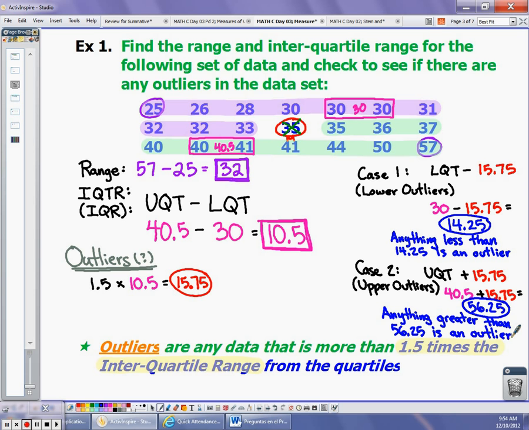So now I'm going to take a look at my data set, and I'm going to ask myself, is there anything that is greater than 56.25? And I do see one. That number, 57, is greater than our 56.25. So therefore, we can say that this right here is an outlier.